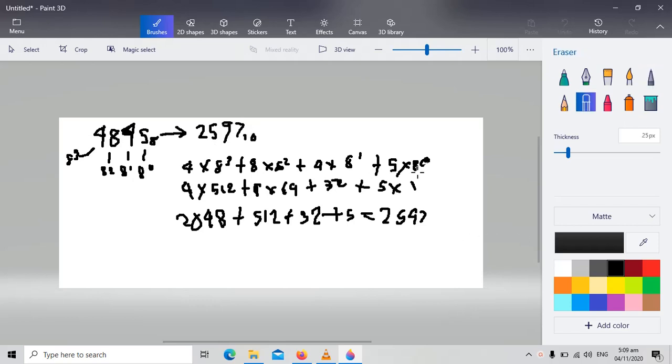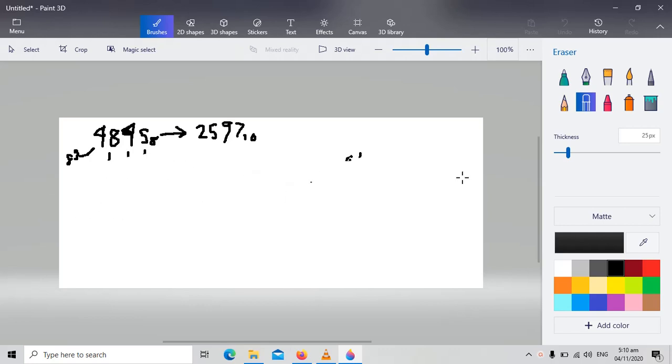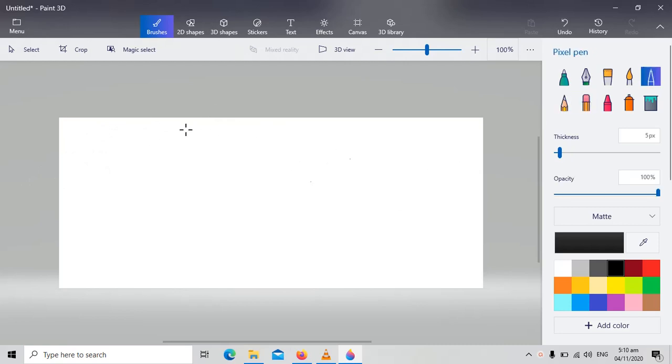Now let's try to solve our last problem. But this time, this problem is going to be 5 digits. Alright, here we go.